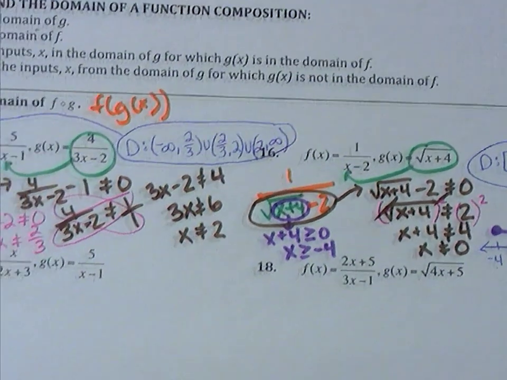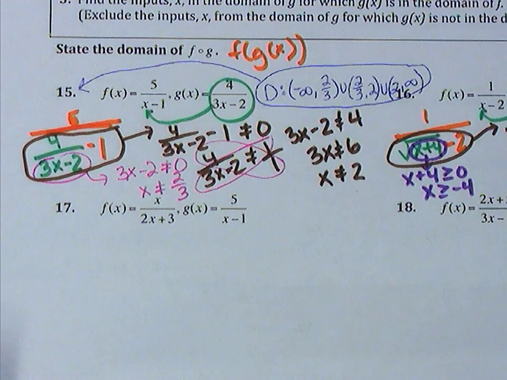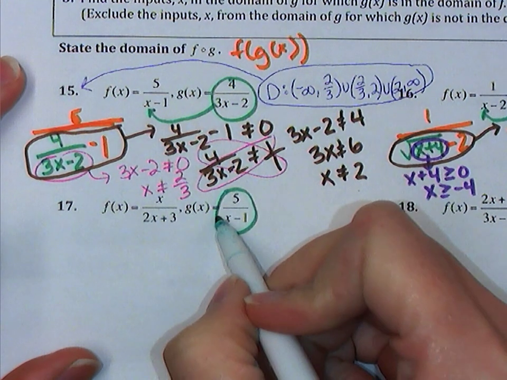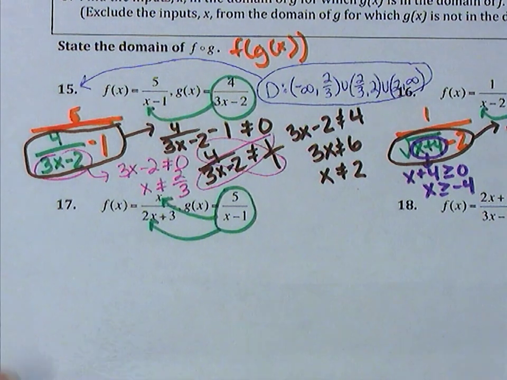If you would like to try 17 and 18, it's the same idea. I'll just go through them here on the video in case you are interested in seeing those. Sub 5 over x minus 1 in for both of those x's.